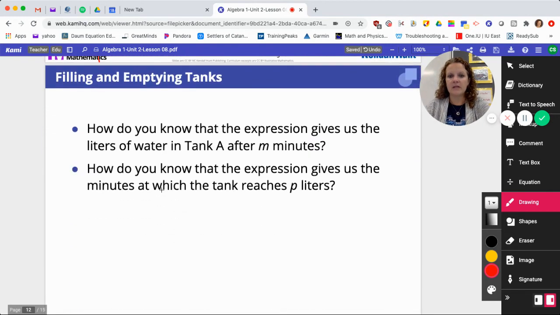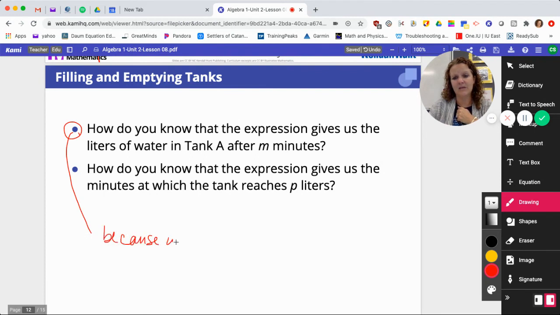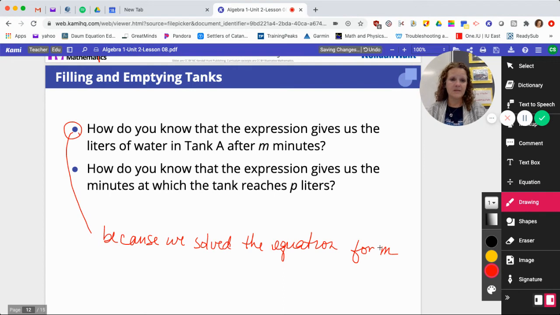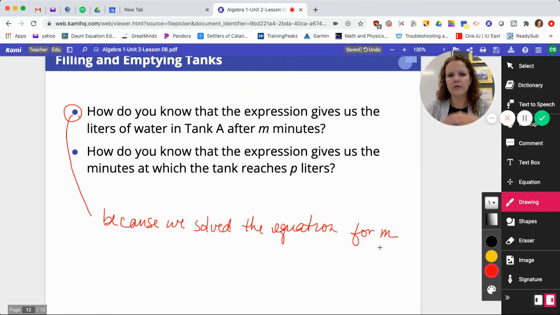How do you know that the expression gives us the liters of water in tank A after M minutes? Because we solved the equation for M, right? As simple as that. How do you know that the expression gives us the minutes at which the tank reaches P liters?